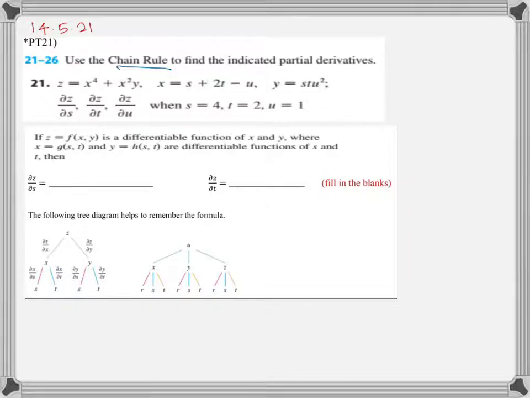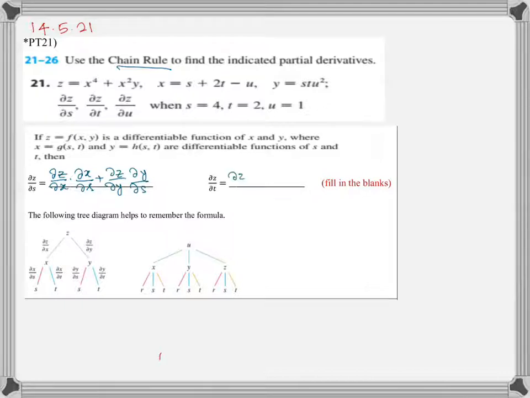z equals f of x, y is a differentiable function of x and y, where x and y are functions of two variables, namely s and t. x is a function of s and t, and y is also a different function of s and t. If they are differentiable functions of s and t, then ∂z/∂s, the partial derivative of z with respect to s, is the partial derivative of z with respect to x times the partial derivative of x with respect to s, plus the partial derivative of z with respect to y times the partial derivative of y with respect to s.